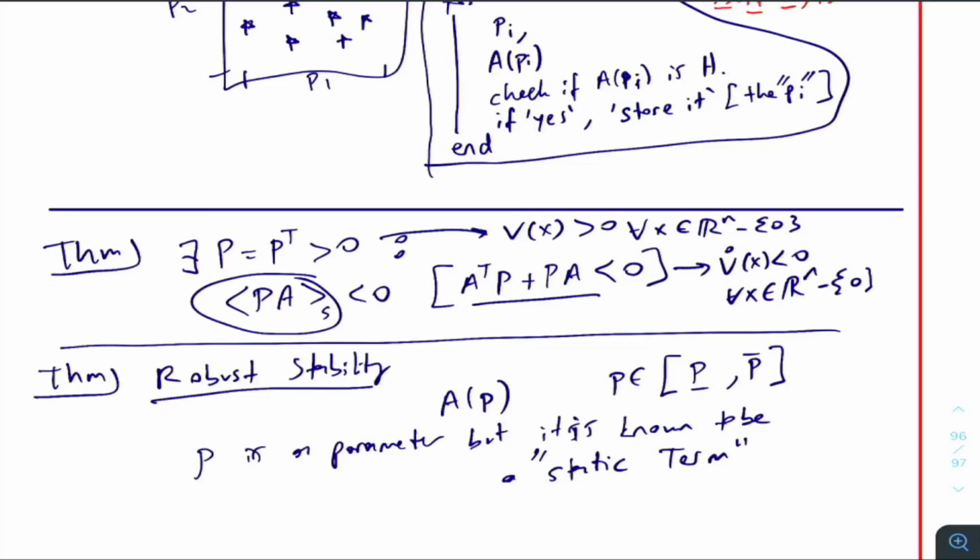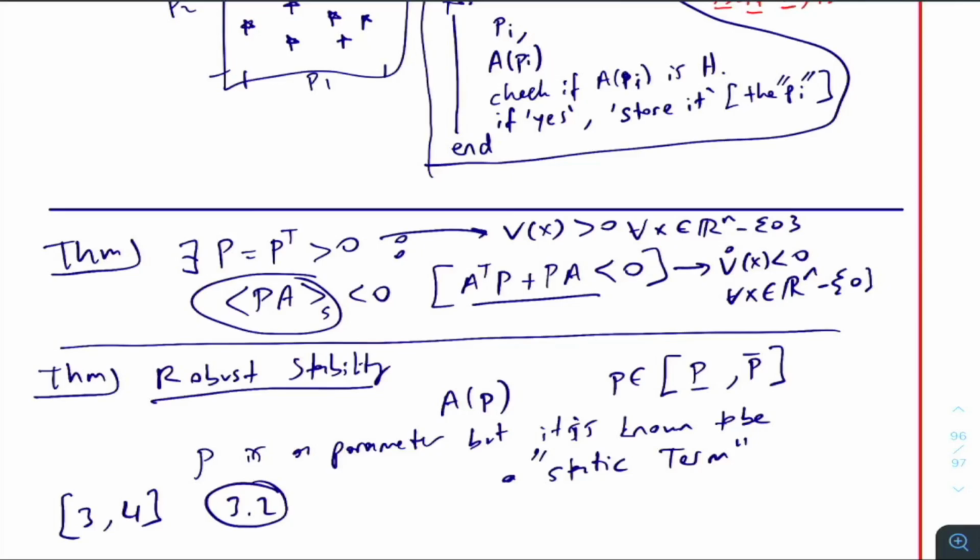However, it is constant. If, let's say, it is 3.2, it will be 3.2 from the beginning of the operation till the end.